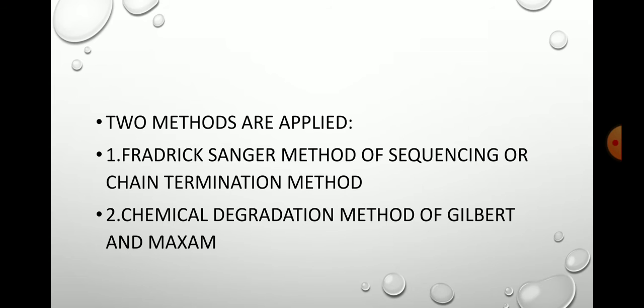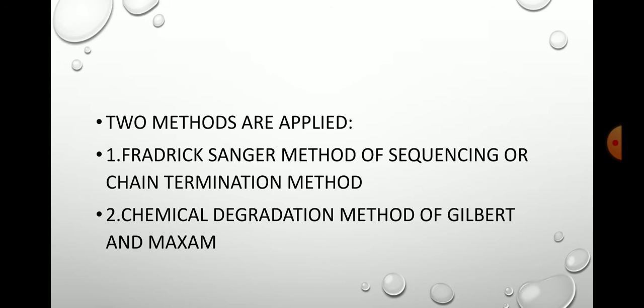This method requires some prerequisite things. For example, a single DNA strand template is required. You must know the template DNA strand. Actually, DNA is double stranded, so upon denaturation it will give two DNA strands, and either one is used as a DNA template.